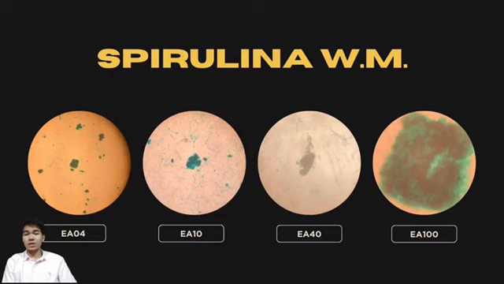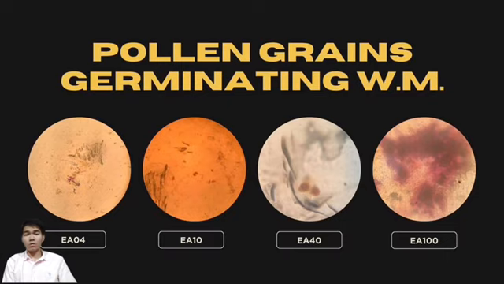The next one is the spirulina. It has nutritional value and is used as a dietary supplement. The color is blue to green, a spiral-shaped cyanobacteria appearing bluish under the microscope. Then the third one is the pollen grains germinating.